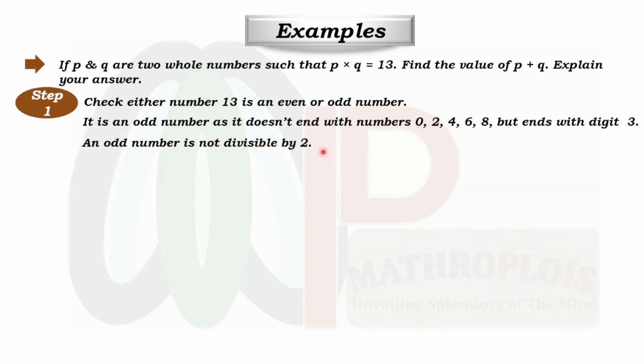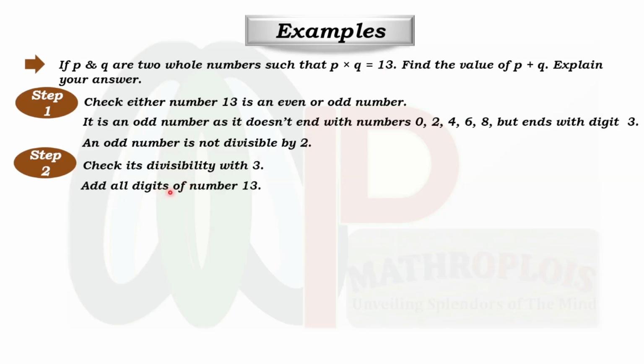We know that an odd number is not divisible by 2. In step 2, we will check its divisibility with 3. We can easily confirm here that 13 is not divisible by 3. But we will complete the step here so that if there is any larger number in coming questions, you may solve easily. Add all digits of number 13.